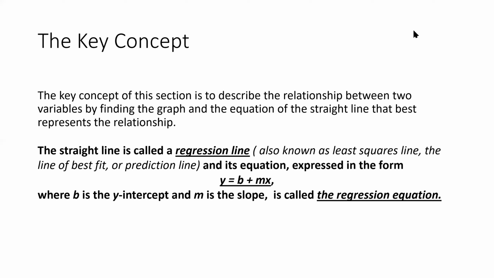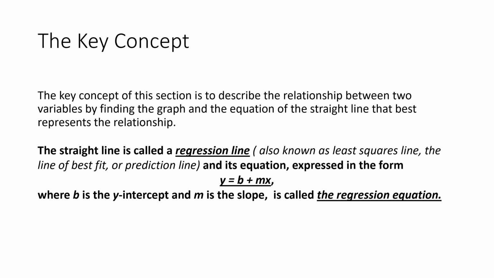So the key concept of this section is to describe the relationship between two variables by finding a graph and the equation of the straight line that best represents the relationship. This straight line that we're going to find is called a regression line.